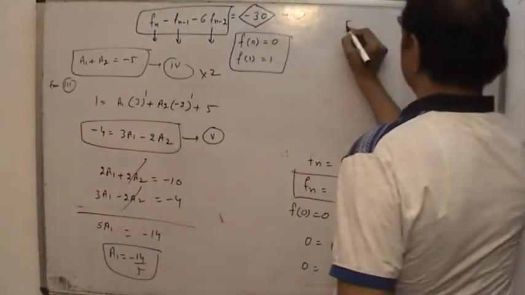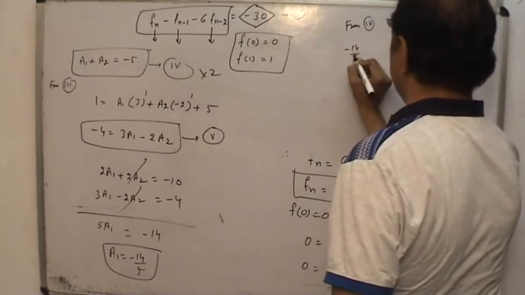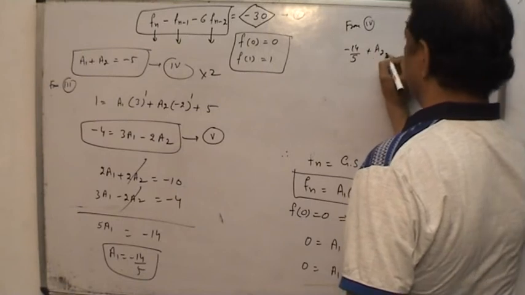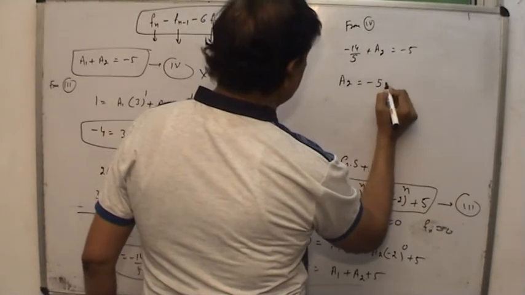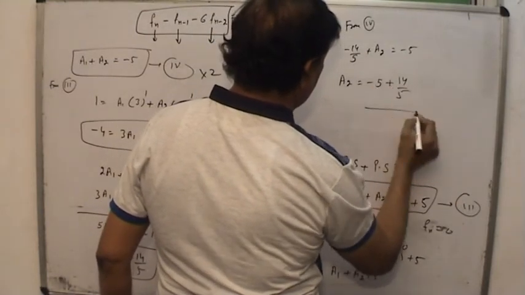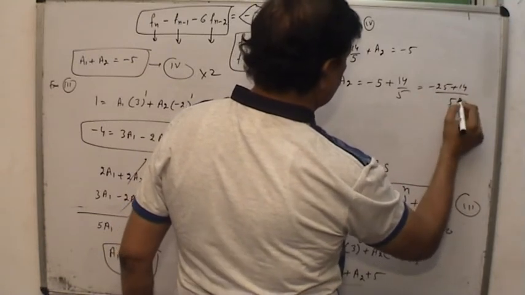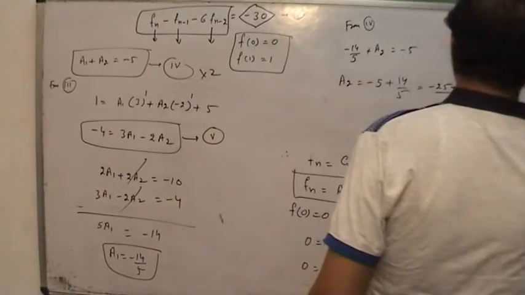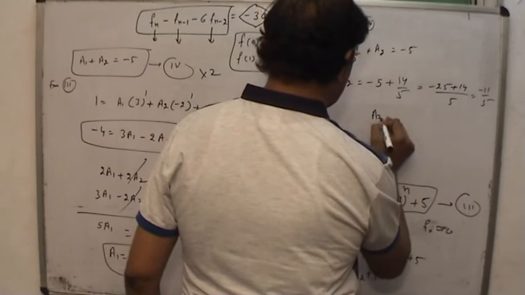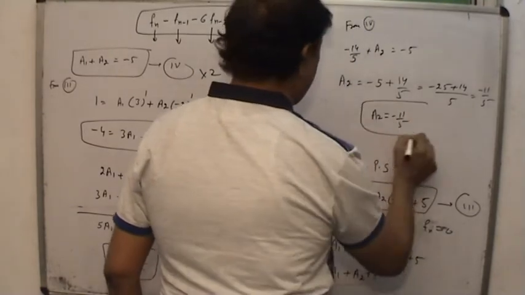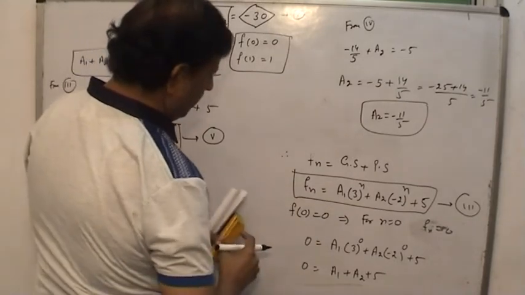From 4 we get A1, it is minus 14 by 5, plus A2 is equal to minus 5. Then A2 is equal to minus 5 plus 14 upon 5, that is minus 25 plus 14 divided by 5, minus 11 upon 5. A2 is equal to minus 11 upon 5. Put both values in the final solution, number 3.